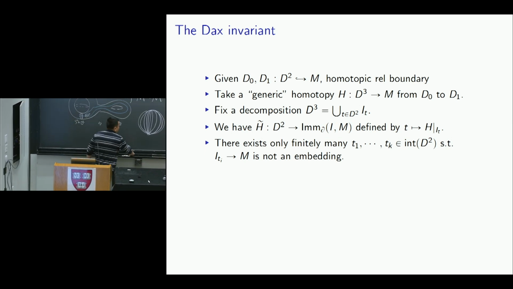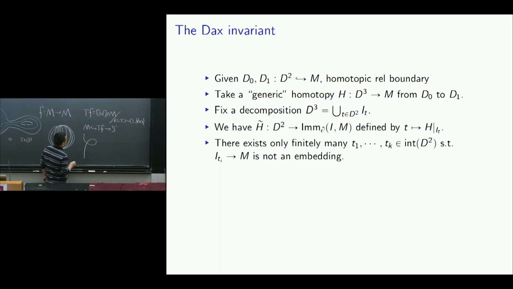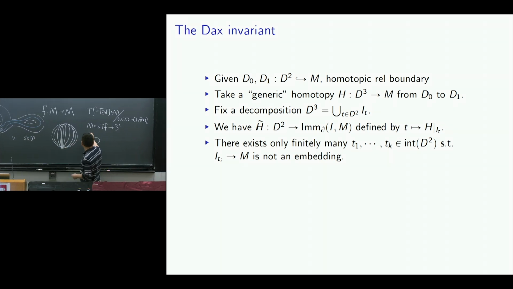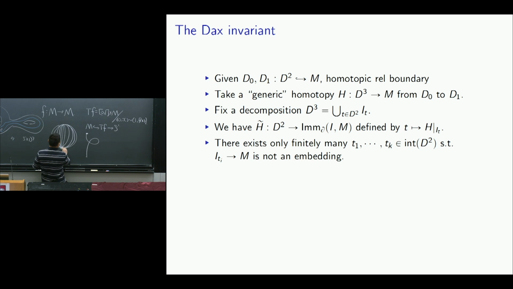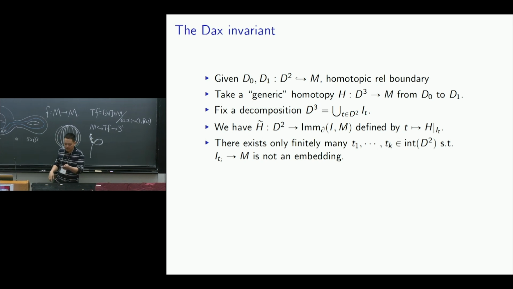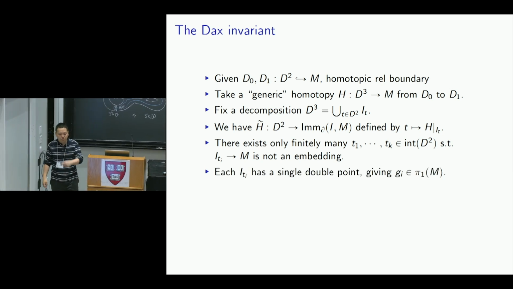When you have a double point like this, you get an element in the fundamental group. Let's say we fix the base point to be the point here, then you can go along this non-trivial loop and go back. That gives us an element in the fundamental group, let's denote it by g.